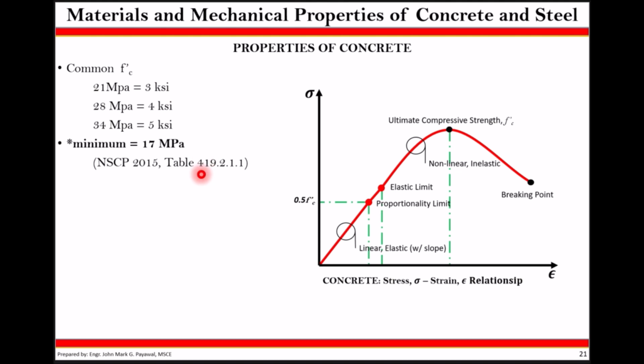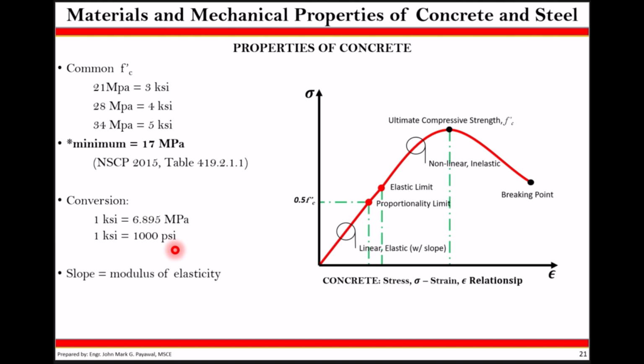This is taken from 412.2.1.1 of your book. Conversions: if you want to convert ksi to MPa, all you have to do is introduce a multiplier or correction factor of 6.895. Take note that 1 ksi is equal to 1000 psi.